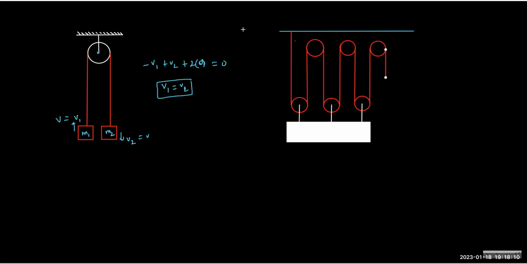And the upper three pulleys are fixed to the ceiling. So of course, this pulley cannot move. So maybe the plank is made of thermocol, this may be made of iron. So don't take mass comparison with the size. So what will be the relation between their velocities? Any guess?